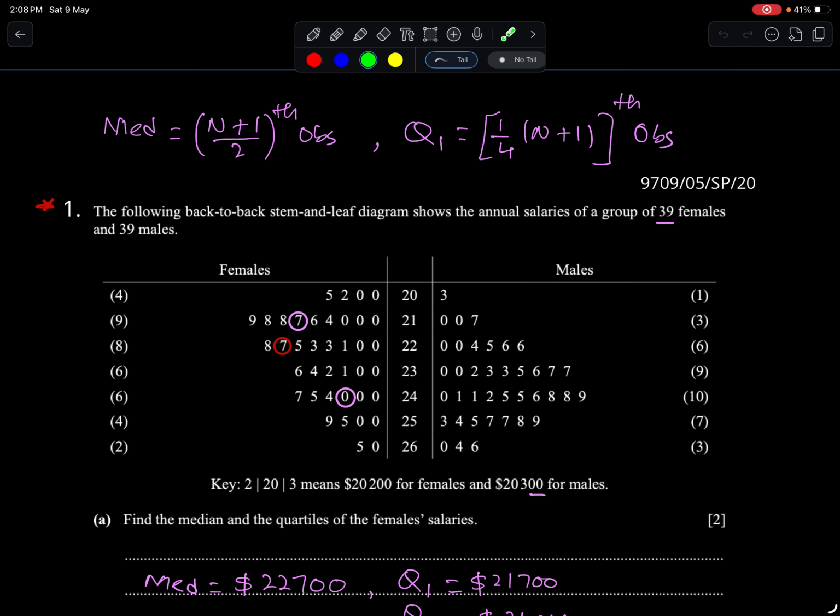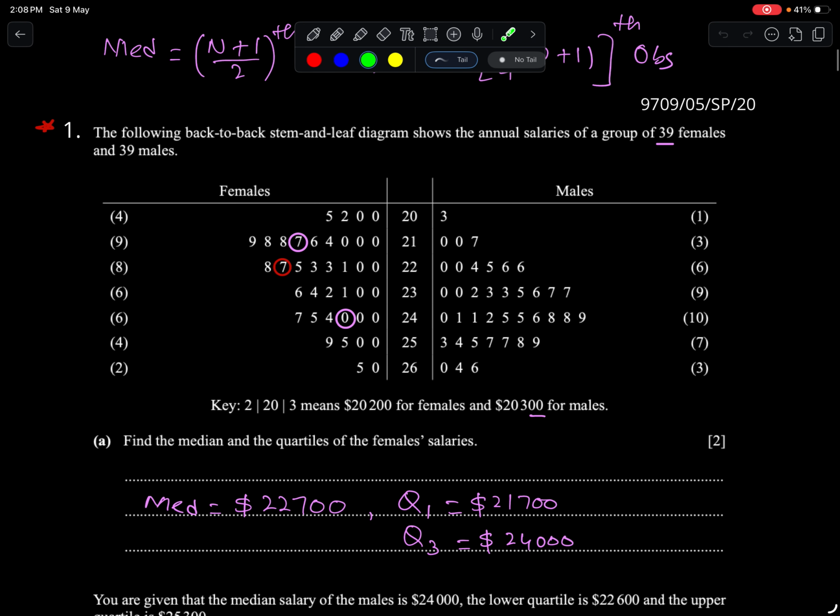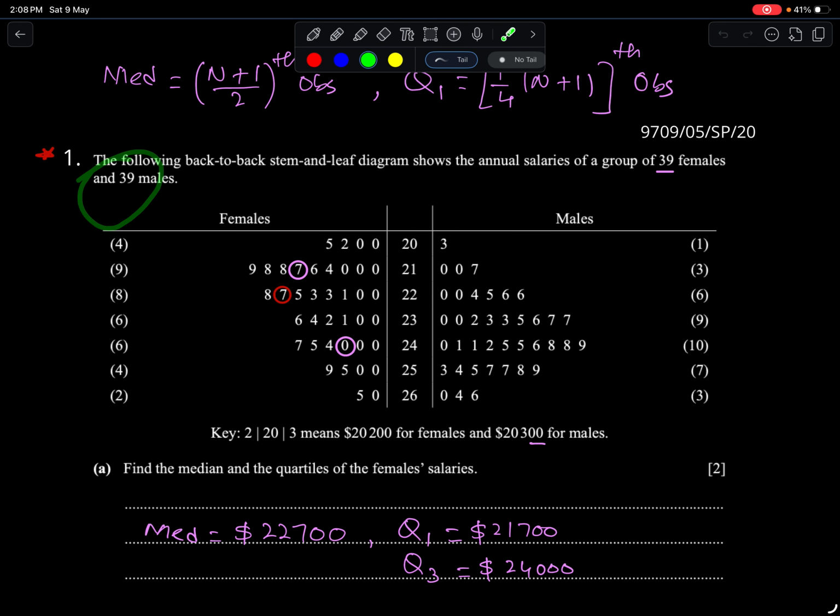This is the formula for median, and this is the formula for quartile for odd number of observations. There are 39 males and we need 39 females as well. We need median and quartiles. So 39 plus 1 divided by 2, 20th observation. So 9 plus 4, 13, 13 plus 8, 21. So this is the 20th.